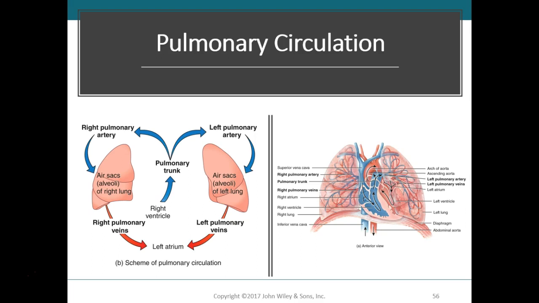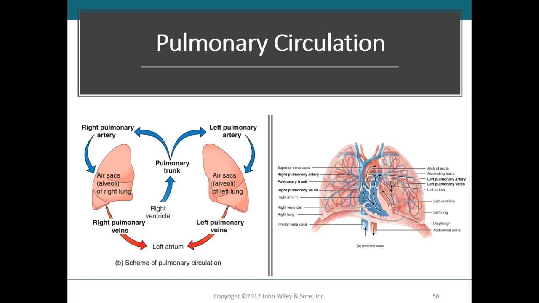Once those pulmonary arteries enter the lungs, they branch and divide into smaller pulmonary arterioles, and then finally into capillaries around those alveoli, the little air sacs in the lungs. CO2 leaves the blood and gets into the air sacs, and then we exhale to get rid of it.